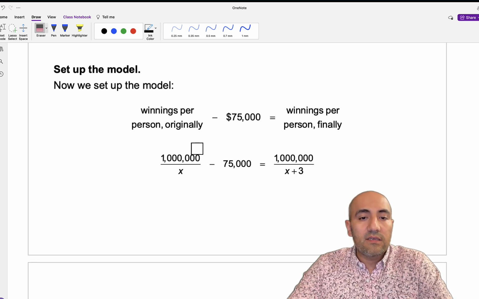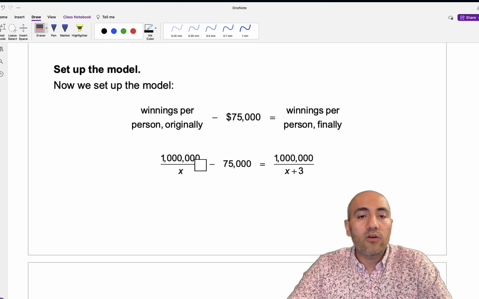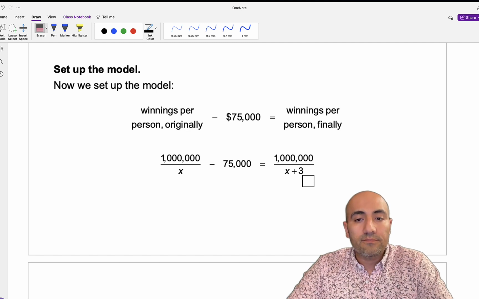Good. So remember, don't lose track of what the values of these variables mean. x represents the number of people that were original winners. So 1 million divided by x gives you an amount of money. This is how much each person was going to win originally. Good. And this is how much money each person ended up winning after the 3 additional people came forward.